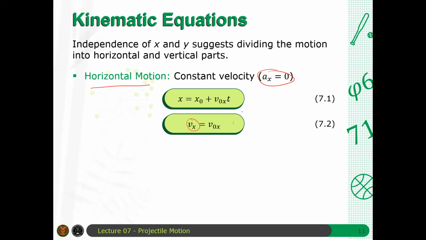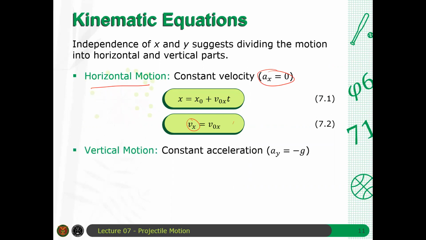Again, the displacement is just velocity times time, the horizontal displacement. The velocity is the same at every point in the path, the horizontal velocity. Questions? May tanong ba rito? May tanong? None.